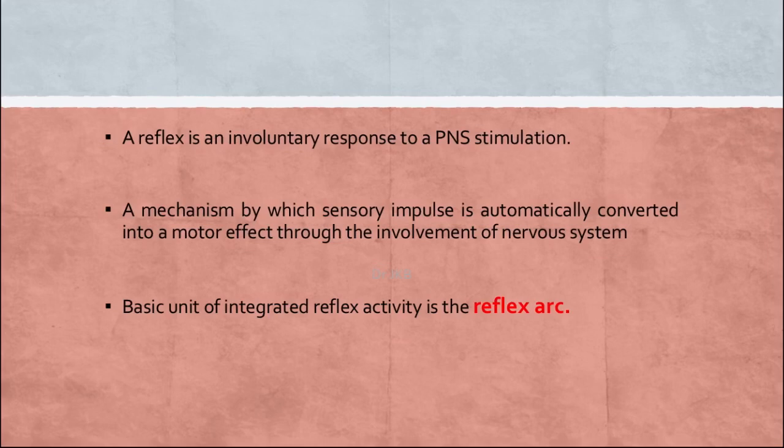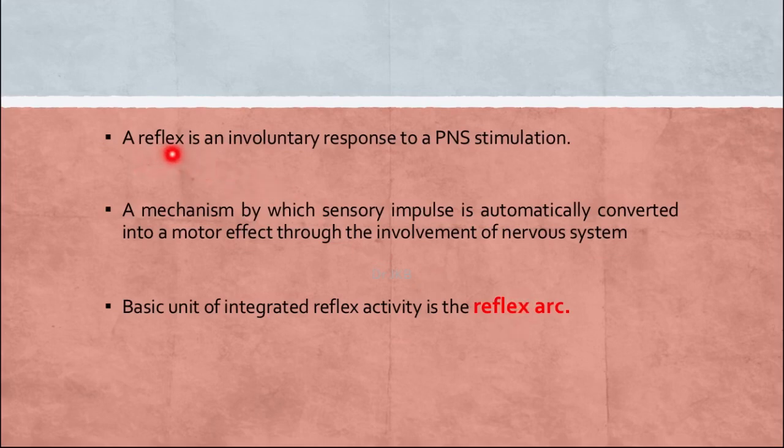That stretch is sensed by the muscle spindle, and via the afferent fiber it goes to the spinal cord, and within the spinal cord it forms the synapse with the alpha motor neuron. The alpha motor neuron comes back to the quadriceps femoris and makes it contract. What kind of movement will happen? The extension of the leg. So, this entire arc is called a reflex arc.